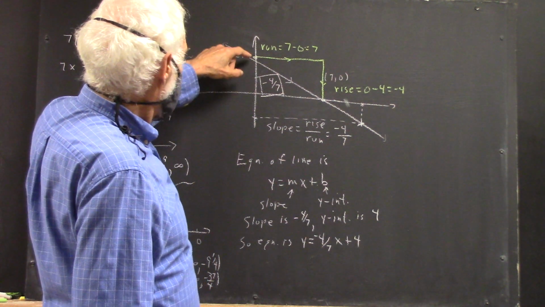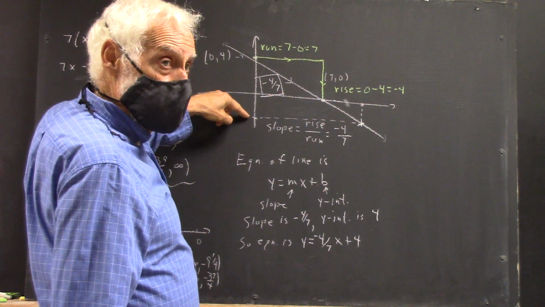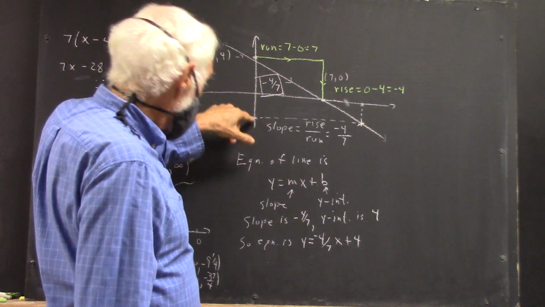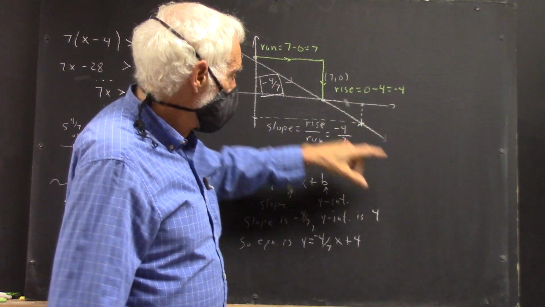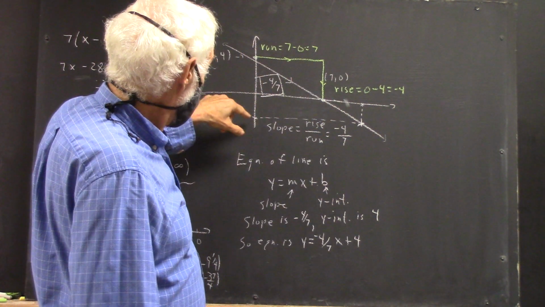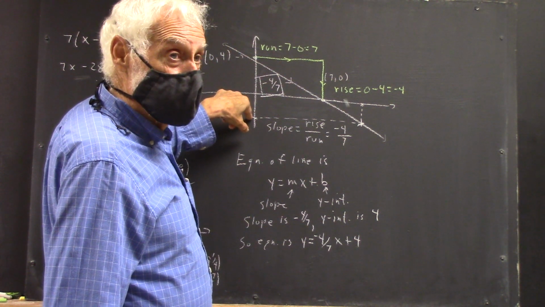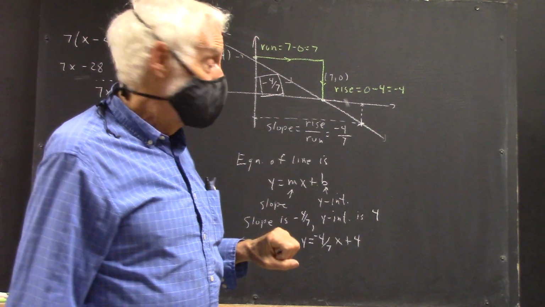Now, if this is 4, then what do you think the x-coordinate is here? The y-coordinate, I'm sorry. There's a little x there. You don't want to know how my brain works. Okay, there's a y-coordinate here, right? And you can estimate it. Do you think it's bigger than 4 or less than 4?